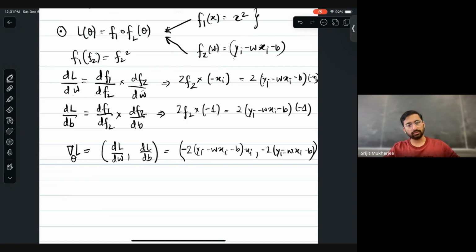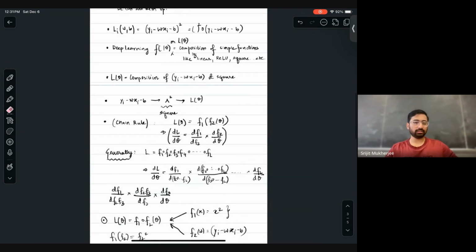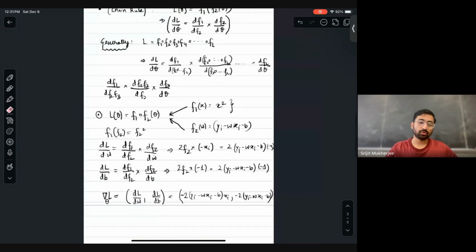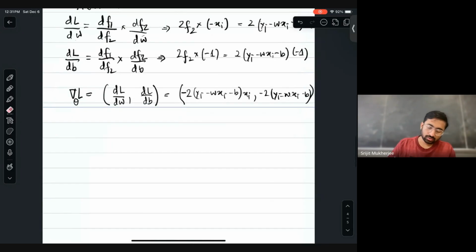This is how it looks for simple linear regression. You can understand that for just simple linear regression you have to work so much. Now let's go to multiple linear regression.